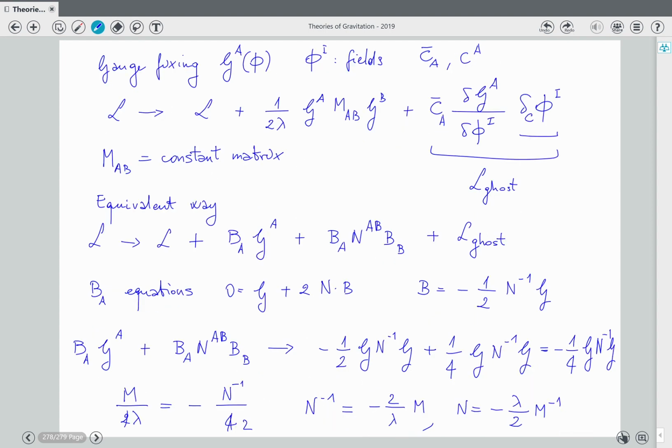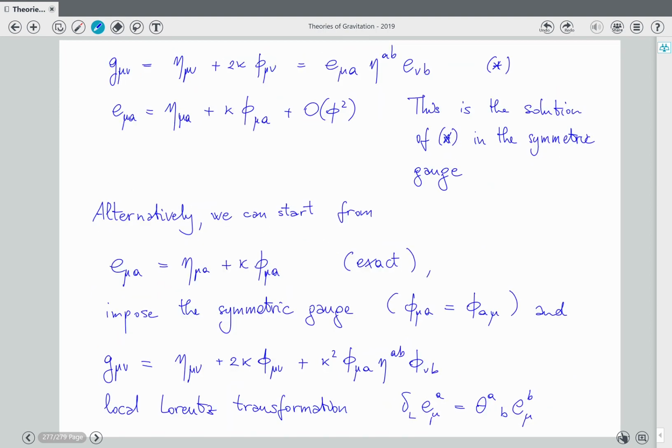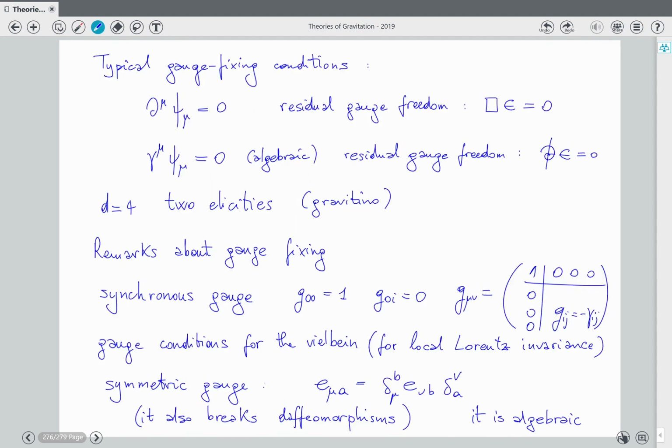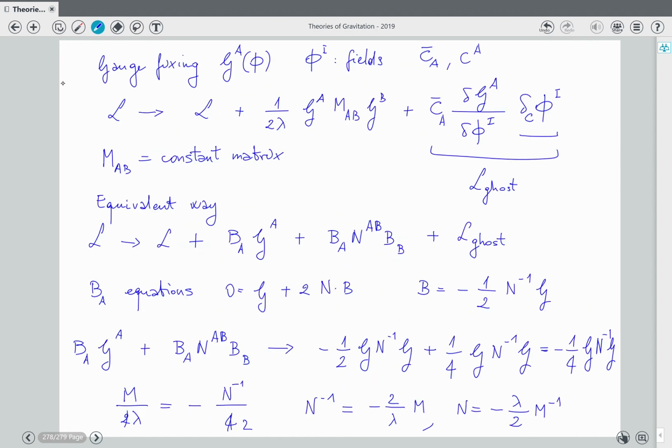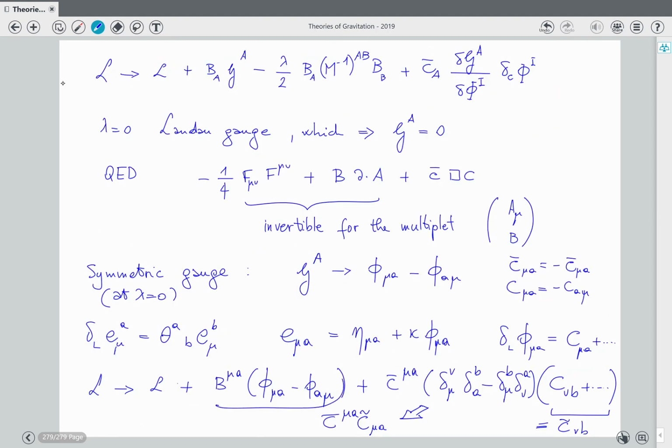It will not work, for example, for the synchronous gauge. Nothing like that will be simple for the synchronous gauge. The synchronous gauge is algebraic, yes, but the transformation of g mu nu is not algebraic. It has derivatives. That's why you will have a simple part here, very similar.